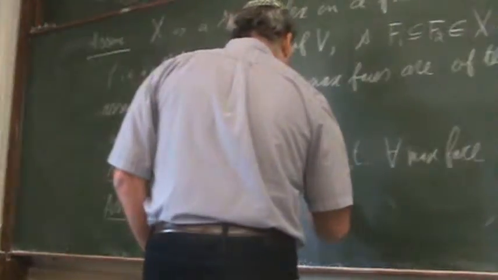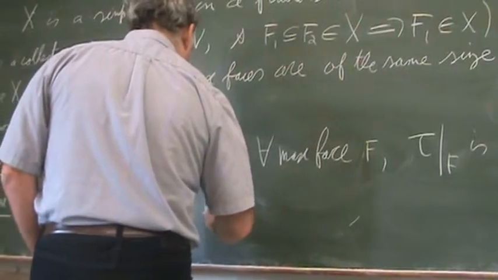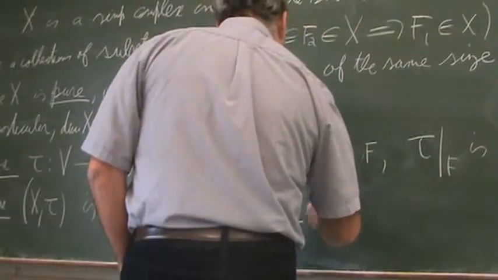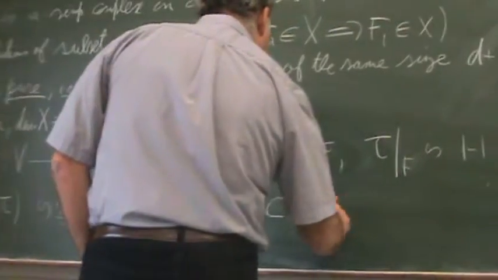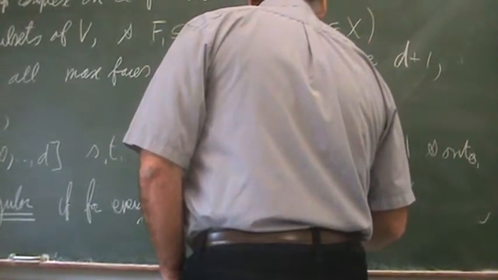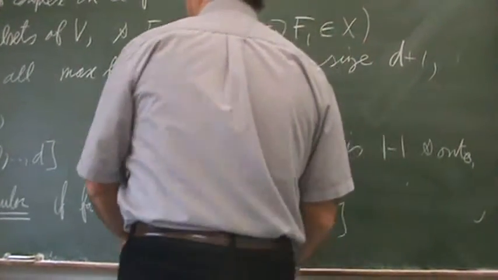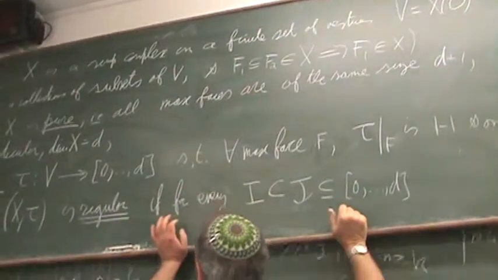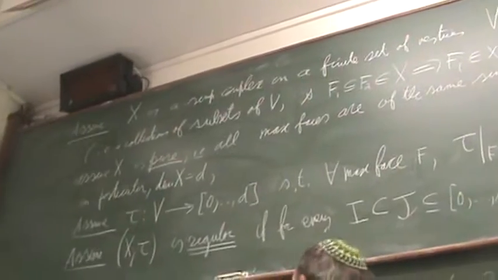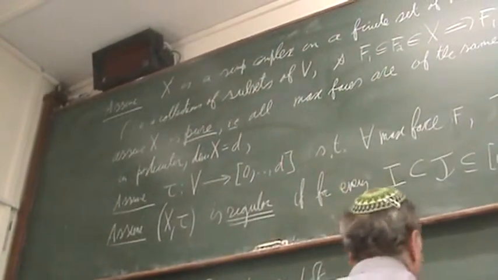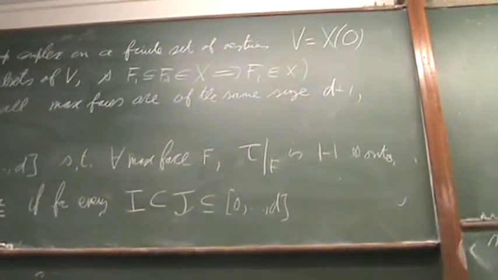If for every I inside J, inside the type function 0 up to d, I take, you see, in a natural way, if I have a coloring of the vertices, I can call it coloring, but there is kind of a reason why I don't want to call it coloring. I prefer to call it type.